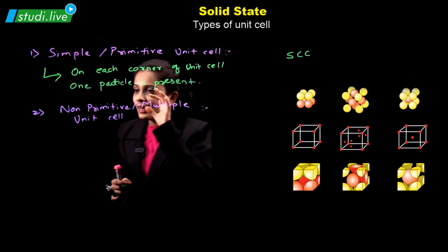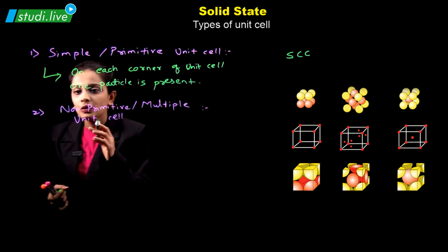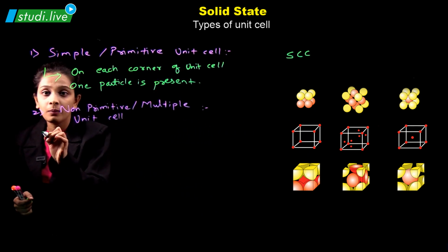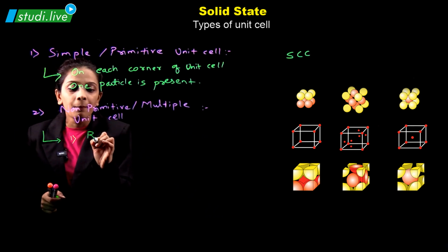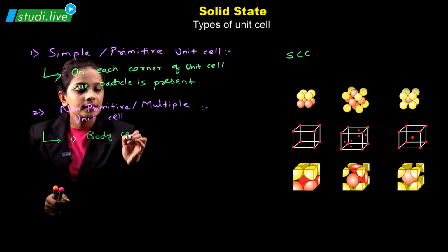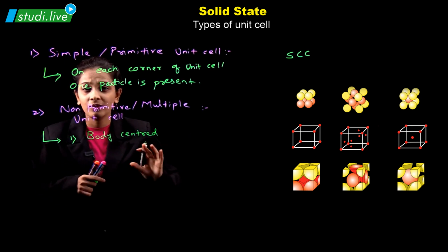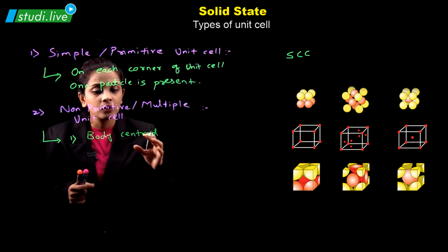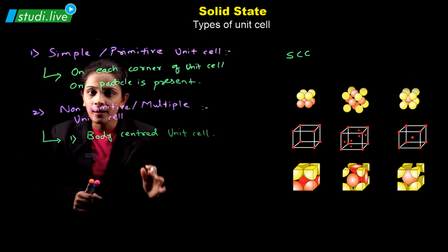Yes, let's talk about the non-primitive or multiple unit cell over here. So if we are talking about the non-primitive or multiple unit cell, the first one we are going to talk about is the body centered cubic unit cell. We are discussing the cube only. So body centered unit cell.